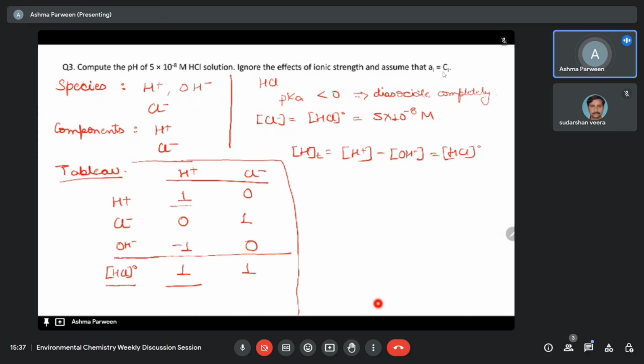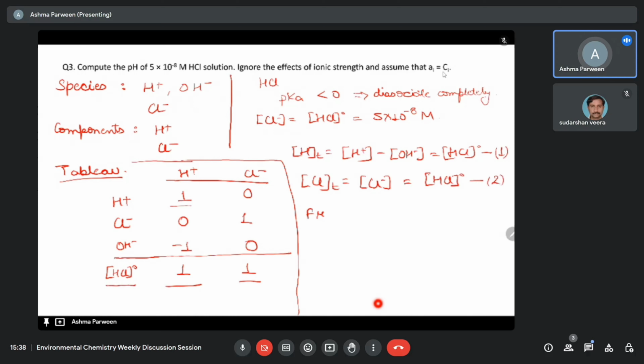And similarly we can write the component mass balance for chloride, which is Cl minus, and Cl minus is equal to total HCl concentration. We will give this as equation 1 and this as equation 2.